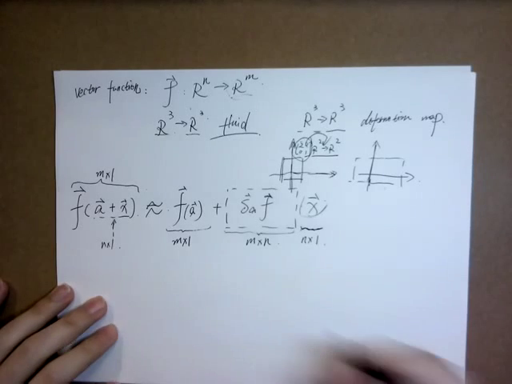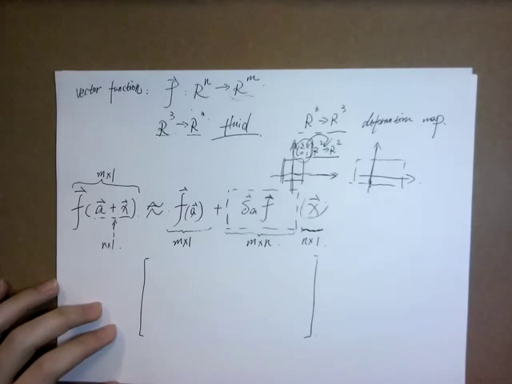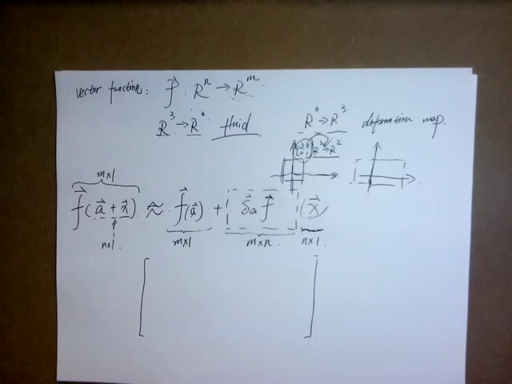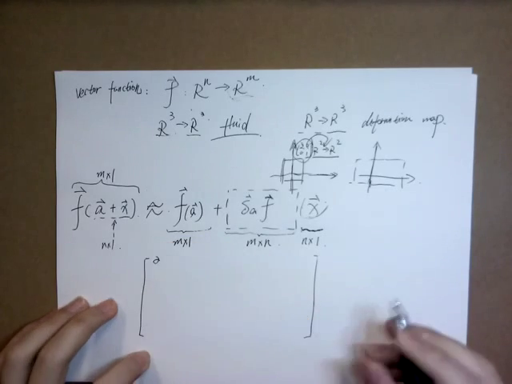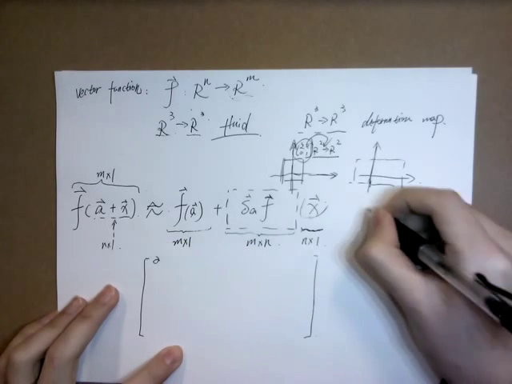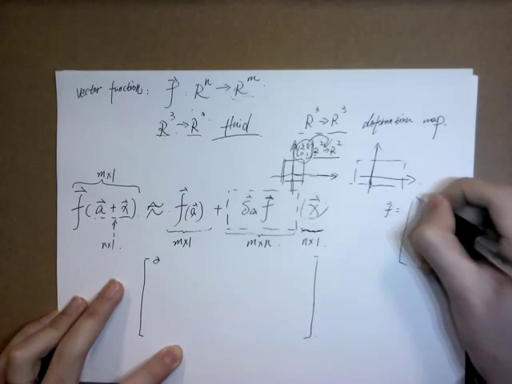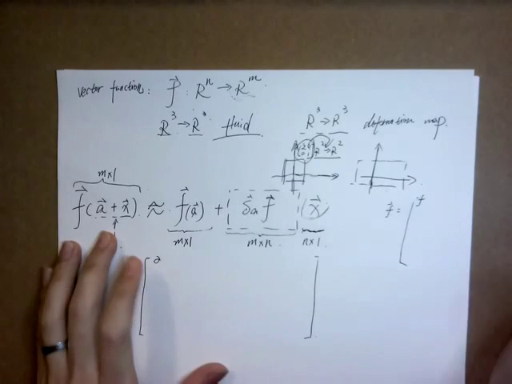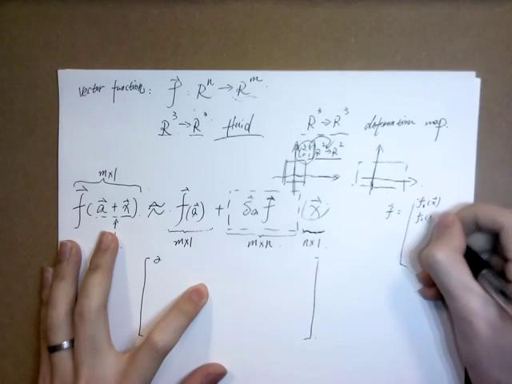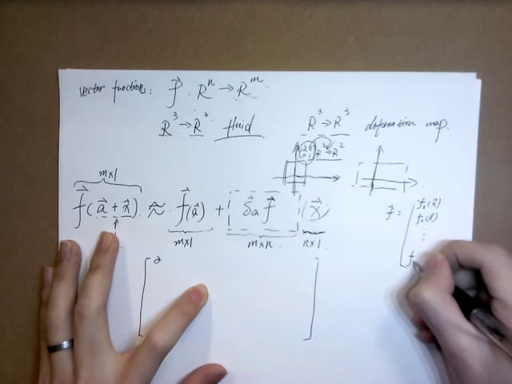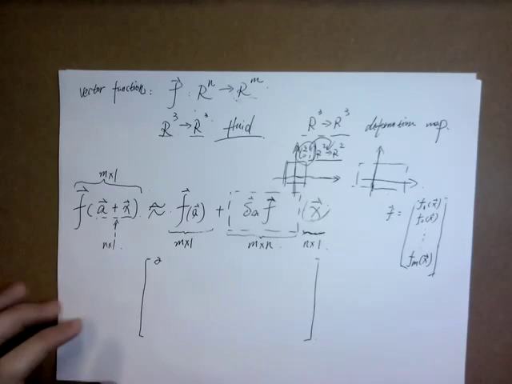So let's expand this matrix to see what is inside. We can do it in a similar way as we derived for the gradient. We just treat f as a function on an n-dimensional space, so it has f1(x), f2(x), and so on, to fm(x).